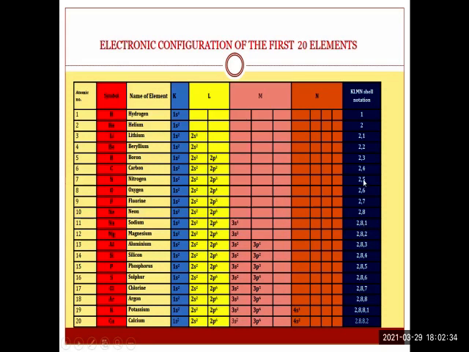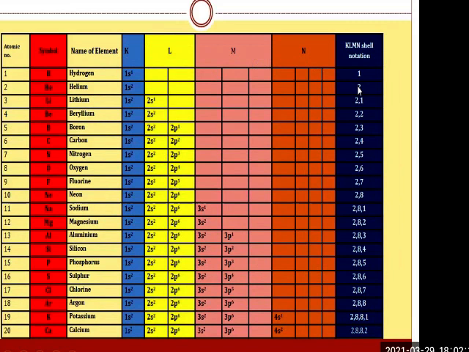Just to recap, hydrogen and helium belong to the first period because they have just the K shell. Then lithium down to neon belong to the second period because they occupy both K and L shells, those are 2 shells.